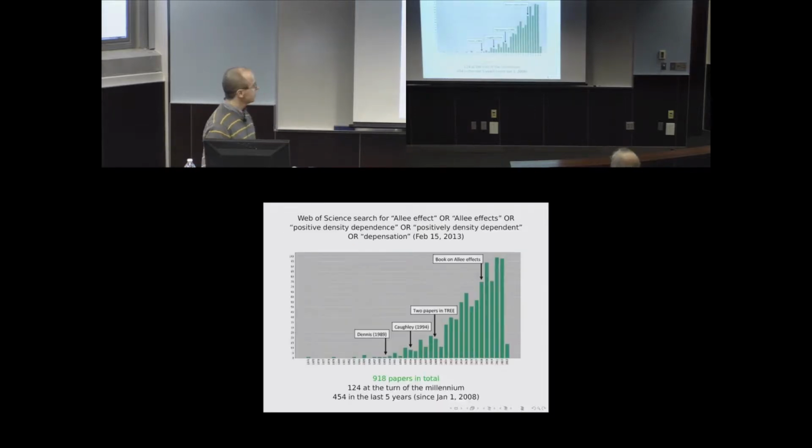Okay, so this was all about the Allee effects, definitions and concepts. Now a minute on work on Allee effects. This is the number of papers from 1974 to 2013 which in title, abstract, or keywords contain Allee effects, positive density dependence, or positively density dependent, and you see some kind of linear increase in the number of papers.